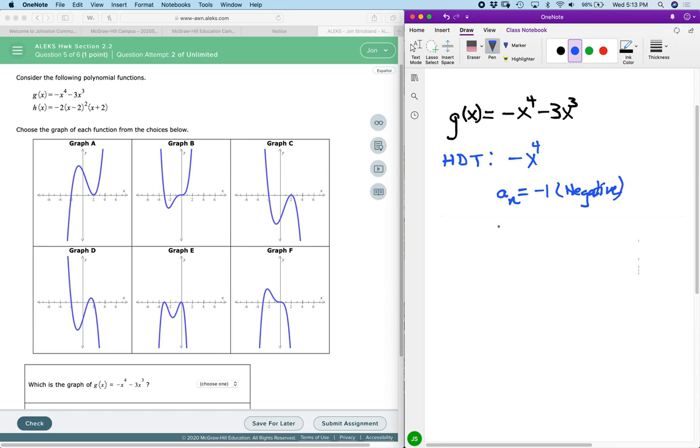So you have a negative, and for the degree, n is equal to 4, so you have n being even. So at least for the end behavior, you're going to have down to the left, down to the right.